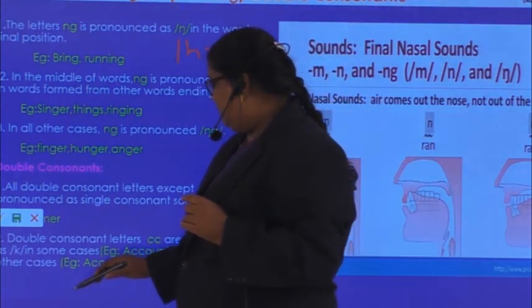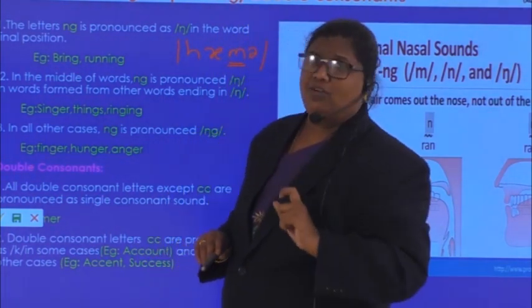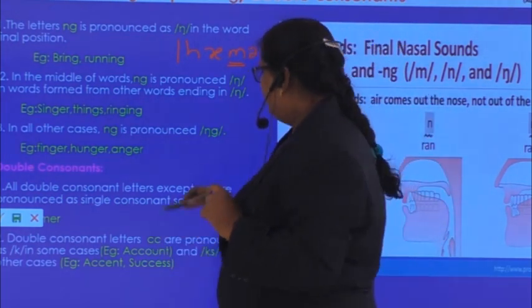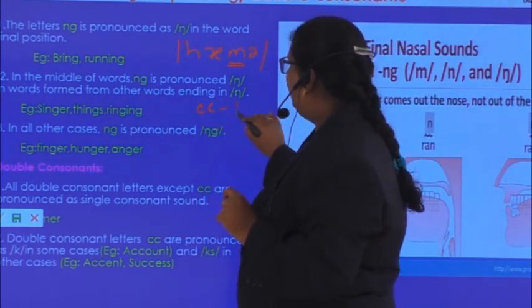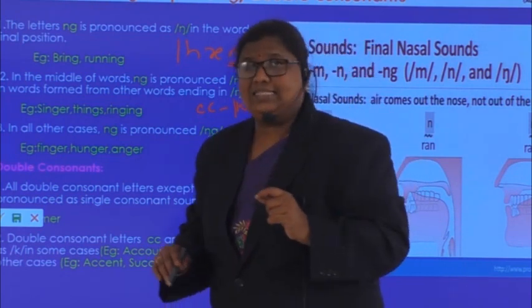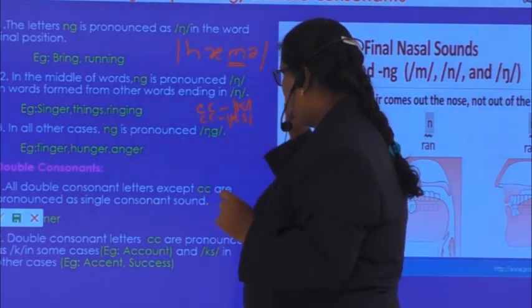But when the word involves CC, if you have CC as double consonants, based on certain things, like for example account, the CC is represented with a k sound. Or accent, that CC will represent k and s sounds.